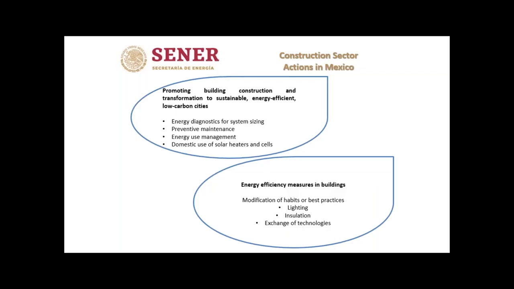The construction sector actions in Mexico are basically promoting the building construction and transformation to sustainable and energy efficient low carbon cities. And for this, we have adopted certain energy efficiency measures in buildings. For example, modification of habits or best practice, lighting, insulation of the buildings, and exchange of technologies like fridges, etc. Next.